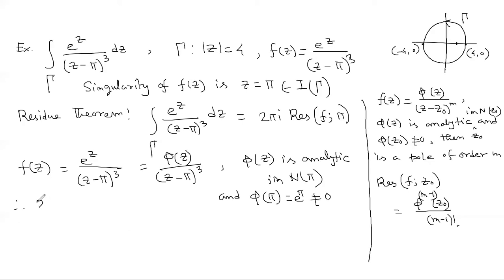So we can conclude that z equal to pi is a pole of order 3.